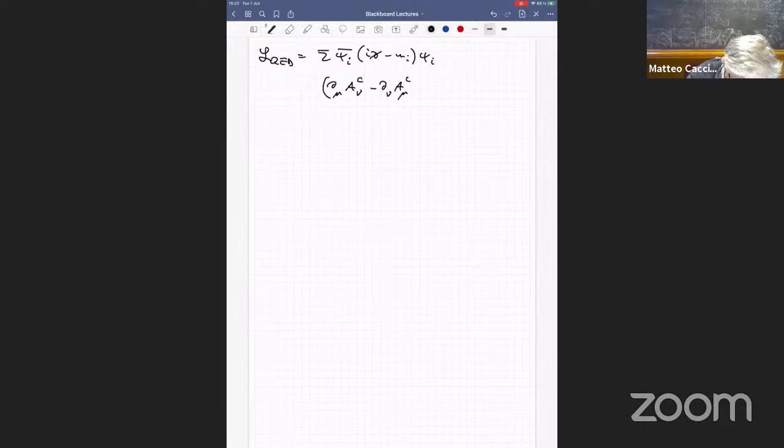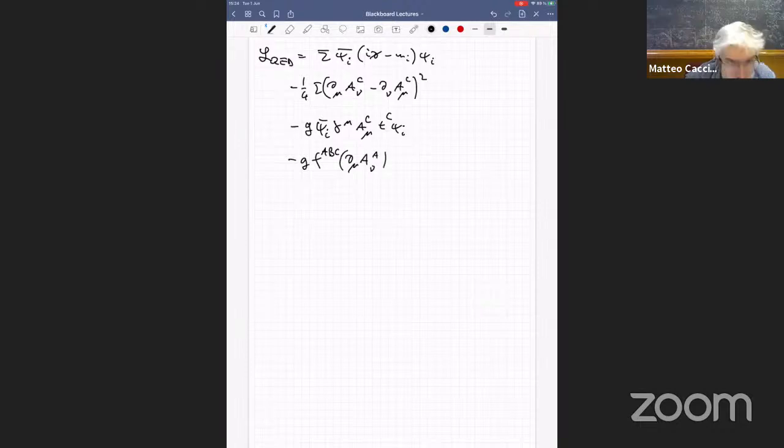I first write it down, and then I will explain what the various terms give. And the last one, well, almost last one.